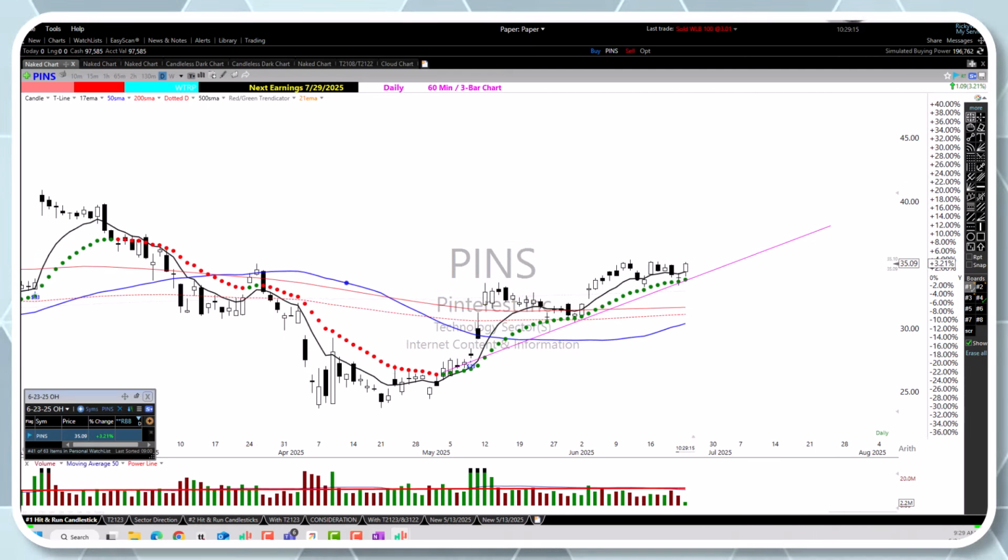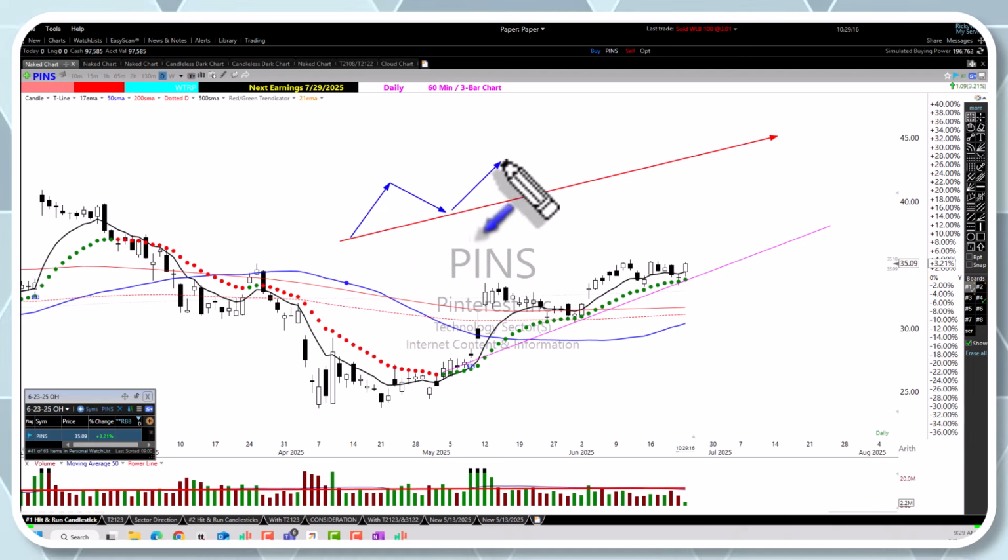Now, we all know that trending stocks do this. If you don't know, well, now you do. All bullish trending stocks move up and then move down, move up and then move down. And darn it, sometimes they even move down further.